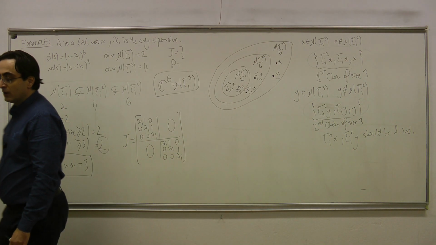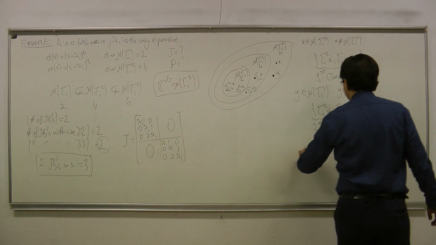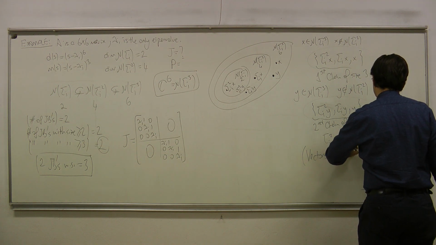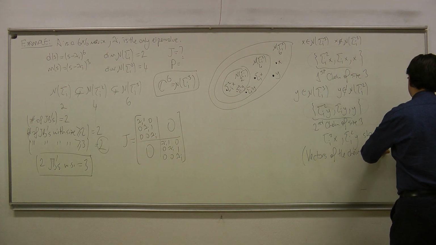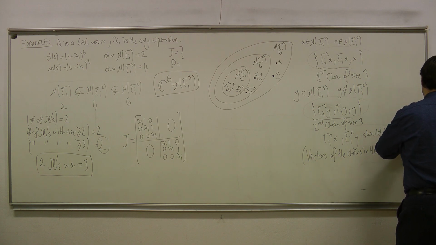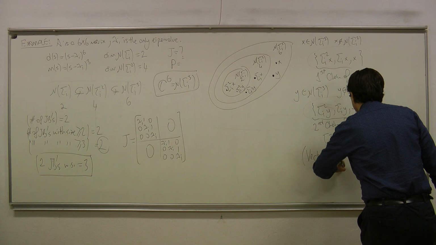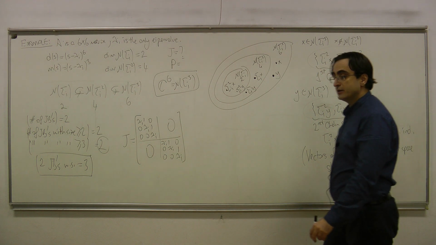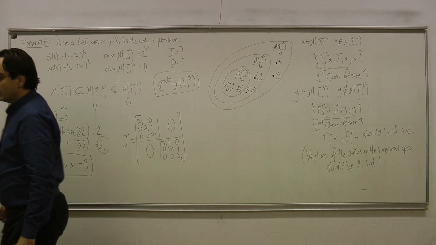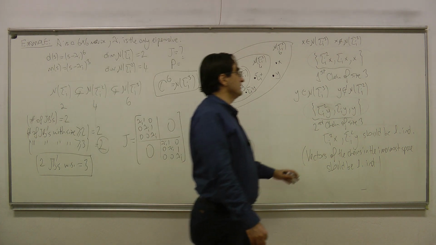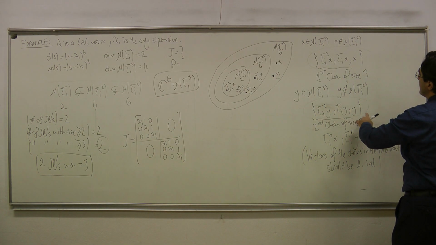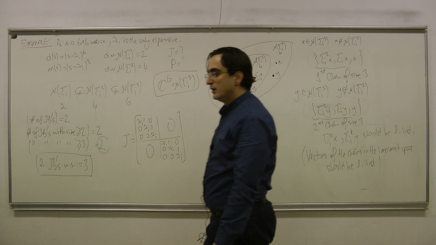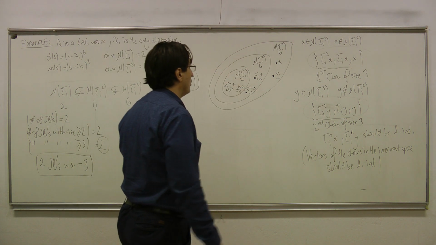So here I can write the fact that vectors of the chains in the innermost space should be linearly independent for the chains to be linearly independent. If you choose X and Y with these conditions, then you make sure that these two chains are linearly independent, and then you can fill your P matrix from the vectors of those chains.